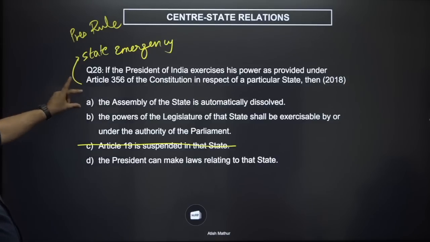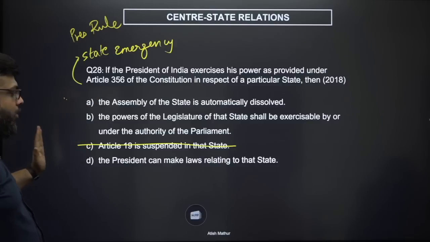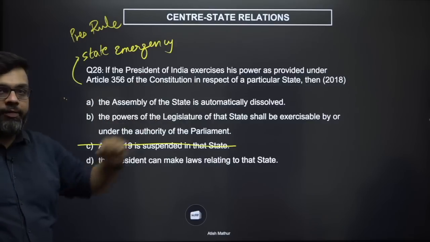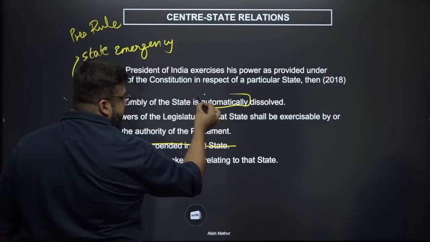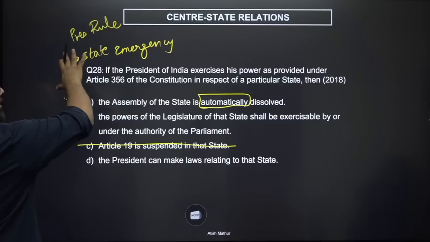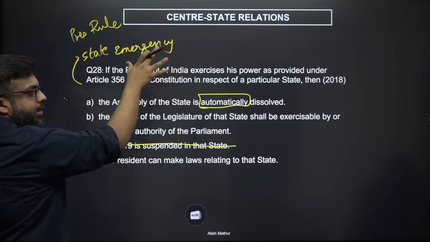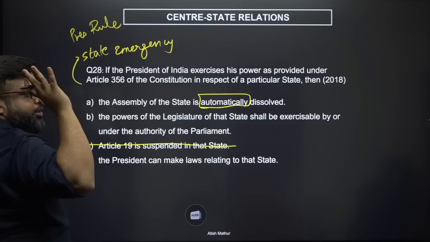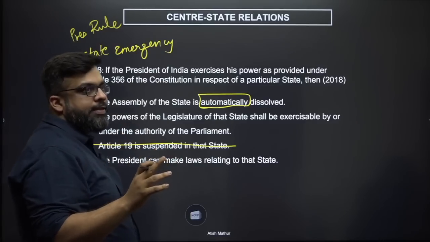If the first statement was correct, then automatically there would not be an option, but somebody else will have to take over. And for the assembly to be automatically dissolved, that means it doesn't matter how serious the emergency is. If there is a presidential rule, then automatically you're dissolving the state legislative assembly.